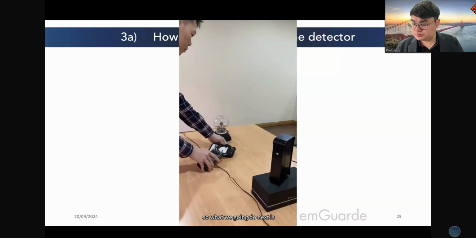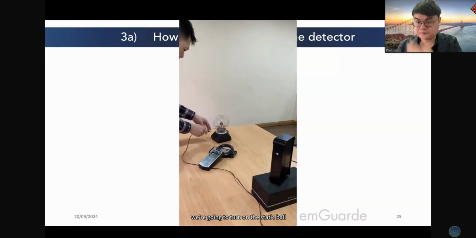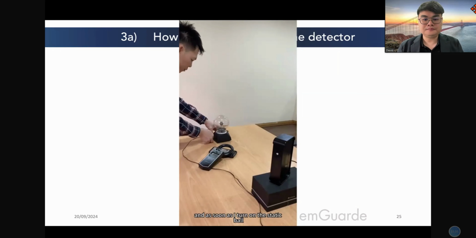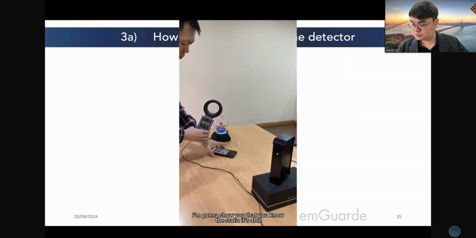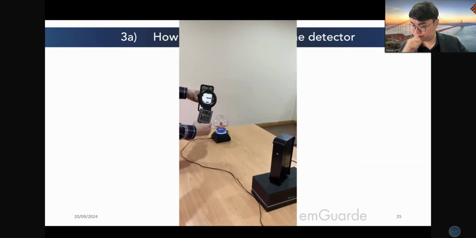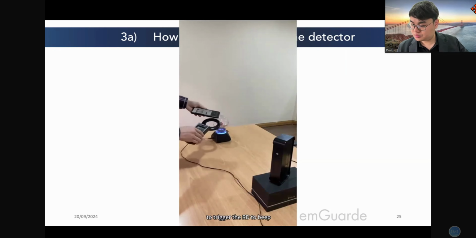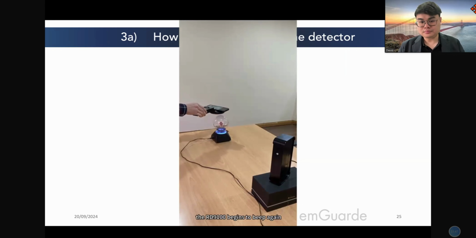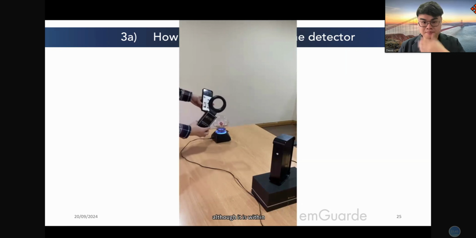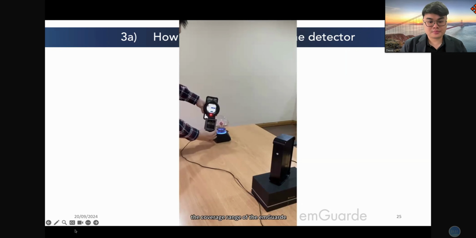What we are going to do next is turn on the static ball. As soon as I turn on the static ball, I'm going to show you that the static is able to trigger the RD to beep. Once I scan the phone and I go near the static ball, the RD 9100 begins to beep again, although it is within the coverage range of the emGuarde.